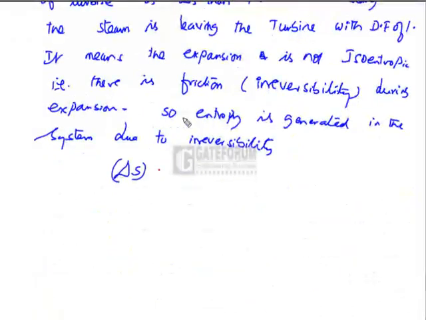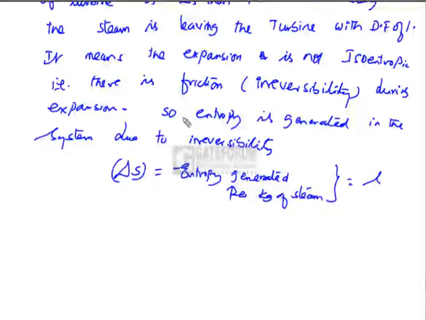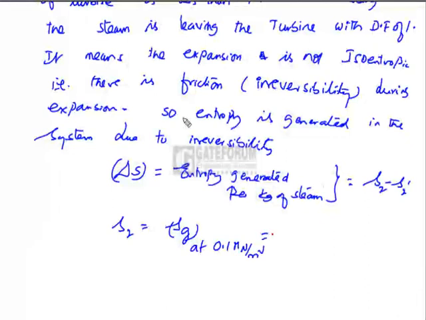Delta S, that is entropy generated per kg of steam, is equal to S2 minus S2 dash. S2 is nothing but Sg, because this point is on the dry saturated vapor line, Sg at 0.1 meganewton per meter square, which is given in the table as 7.359 kilojoule per kg Kelvin.